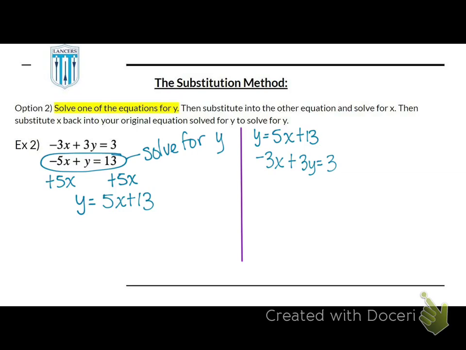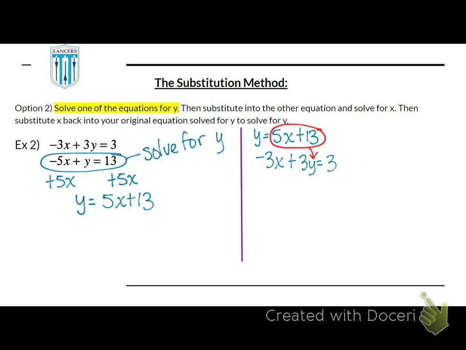Now it's like yesterday. I'm going to take this expression and plug it in for what? For the y. Y is alone, so we plug into y. That's the tricky part about there being 2 different options: you have to keep track of which one you're doing.